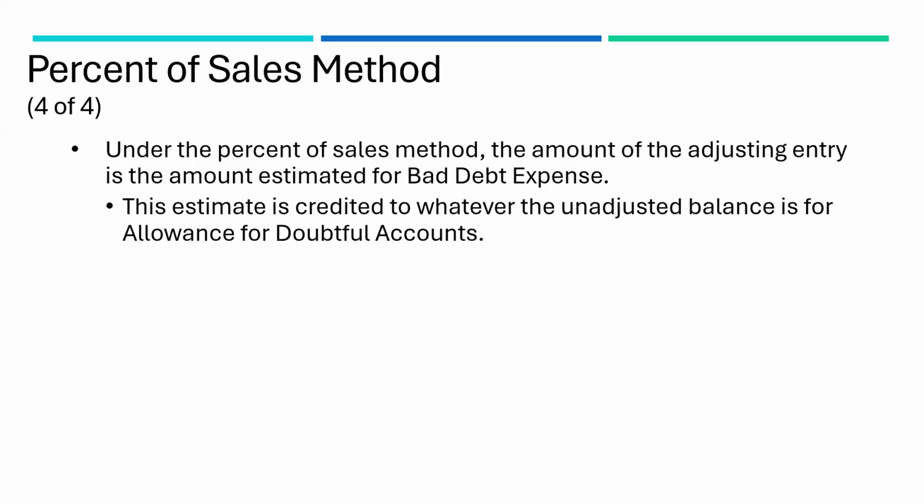And our estimate of bad debt expense is credited to whatever the unadjusted balance was for the allowance for doubtful accounts.